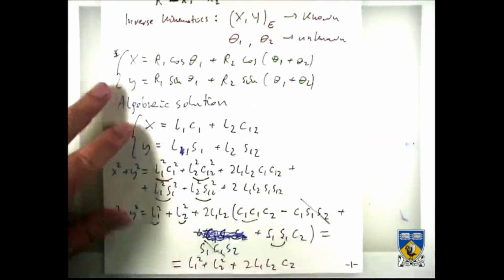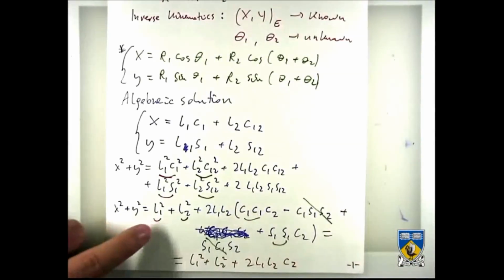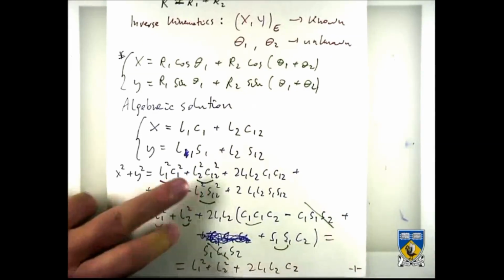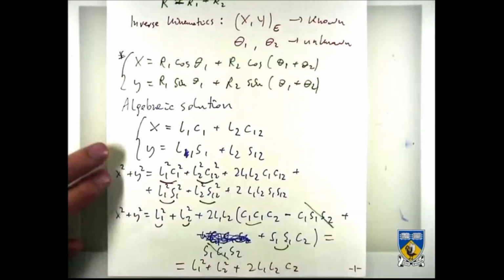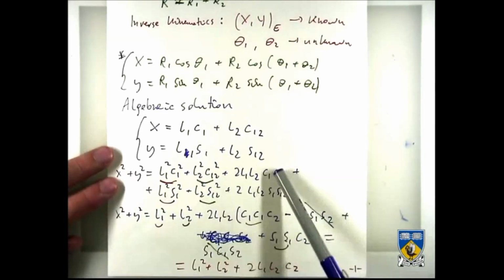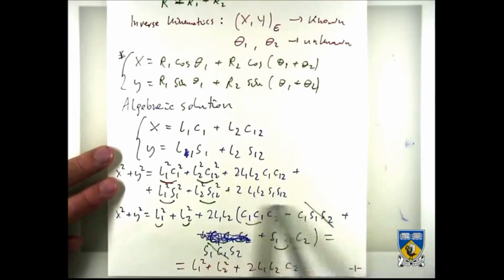So, if you do this addition, the red stuff is this, the green stuff is this, and now if we use equations for the cosine of the sum of angles and sine of the sum of angles, we get something like this.